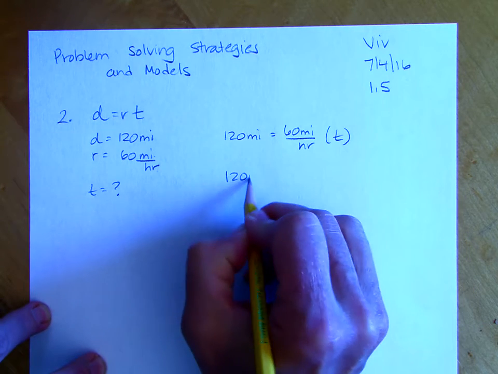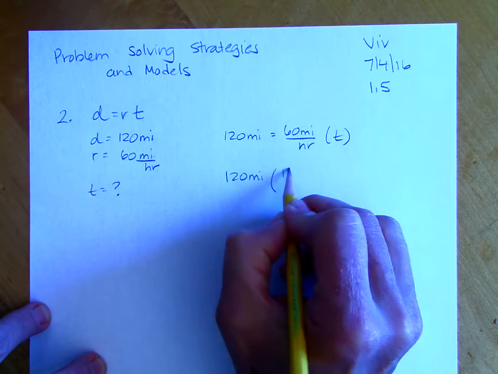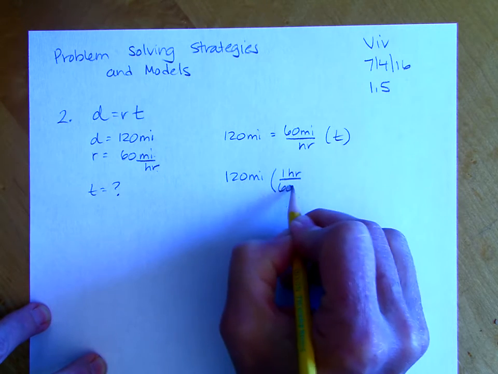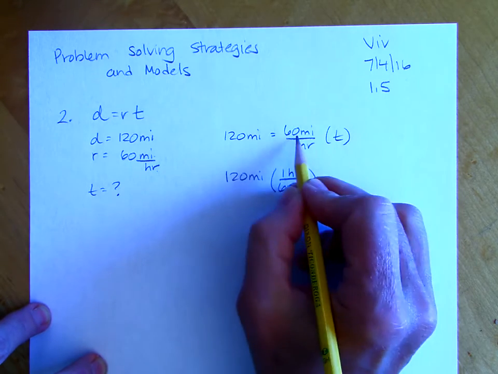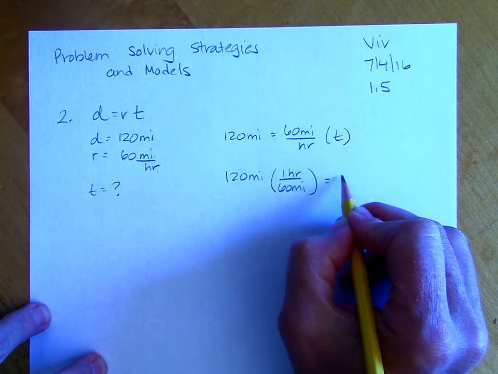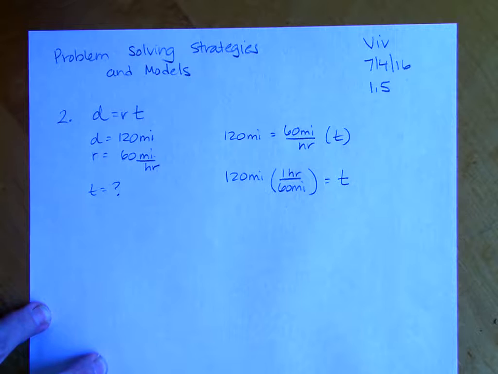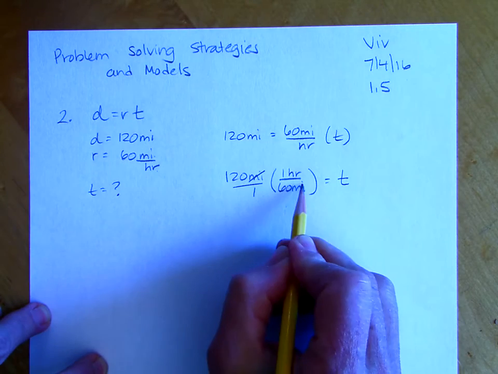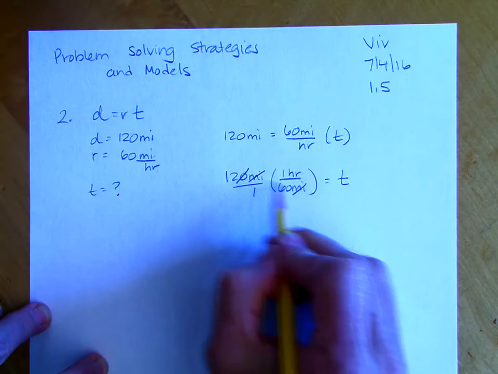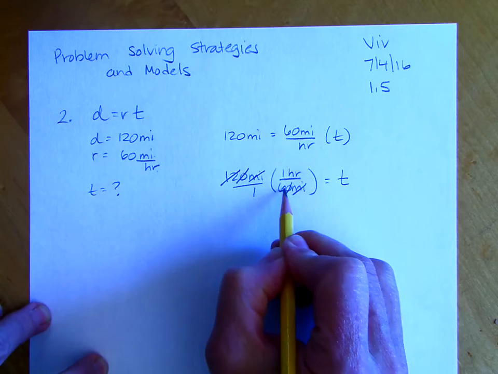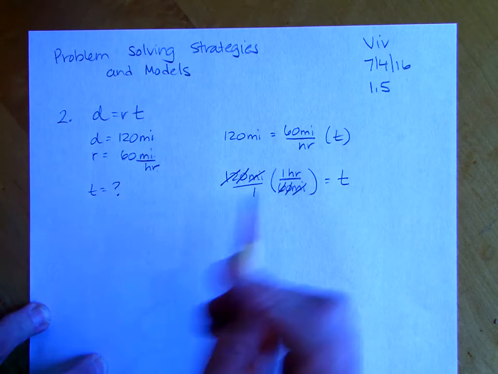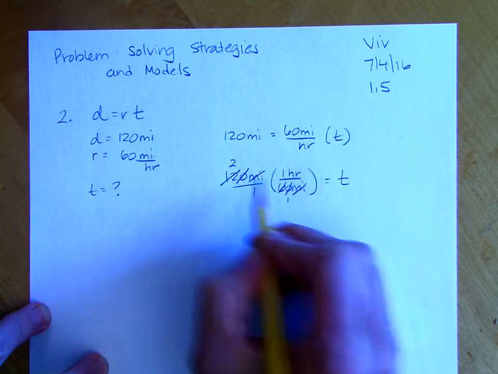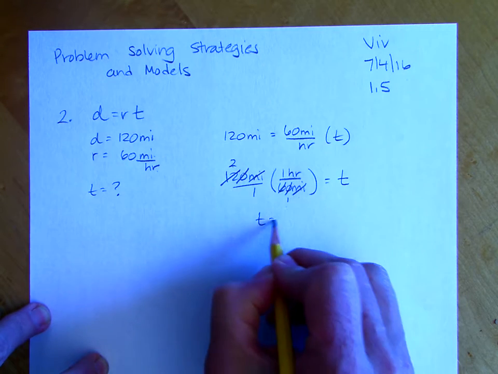So I have 120 miles, which means I have 1 hour over 60 miles. Dividing by a fraction is like multiplying by the reciprocal. And then my miles cancel, and the zeros cancel, or divide or reduce. And 12 over 6 is 2 over 1, so 2 hours.